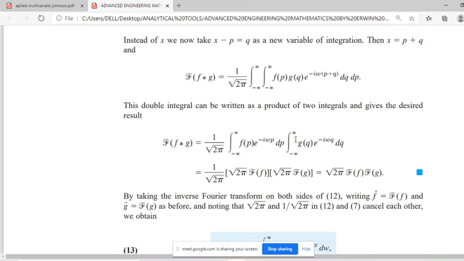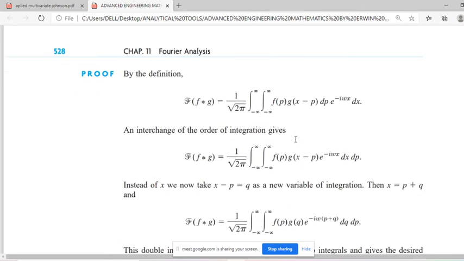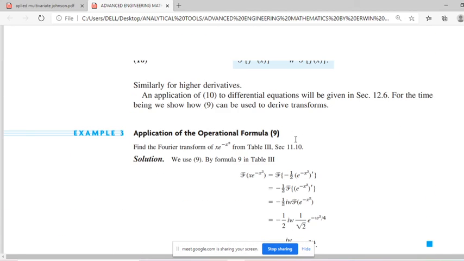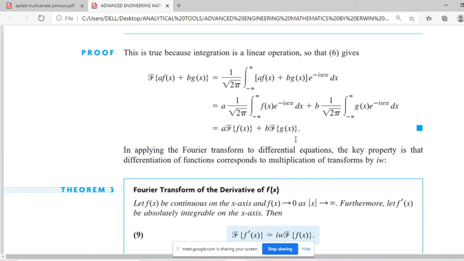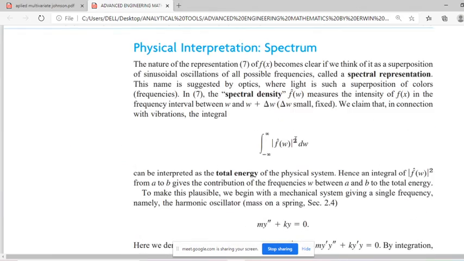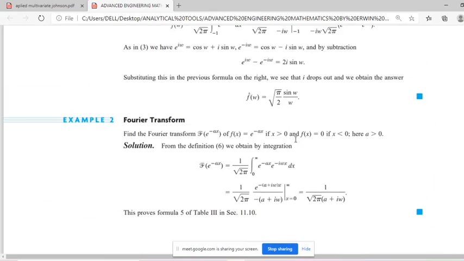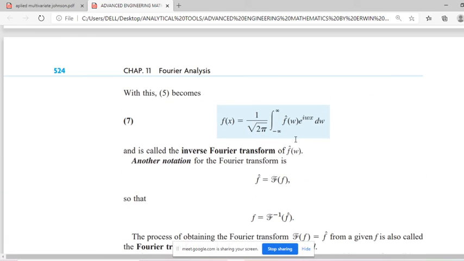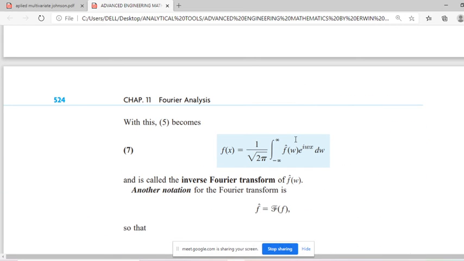So what is the inverse formula there? You know the inverse formula, you can see that. Yeah, this is the inverse formula. So instead of f cap, we can write f cap of w into g cap of w.